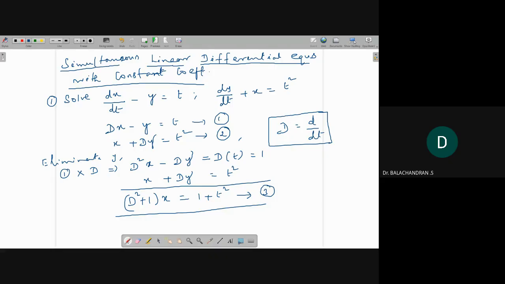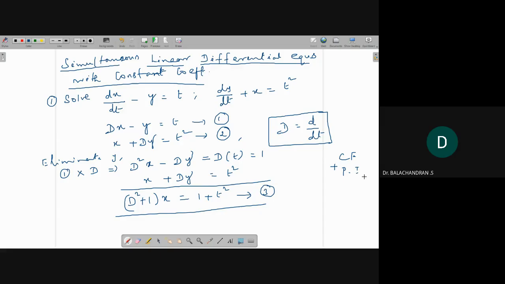Okay, we found the complementary function. What is next? Particular integral. Yes, correct. Particular integral also we found. So we found already the complementary function and particular integral, so we sum them up. These two sum is equal to what?